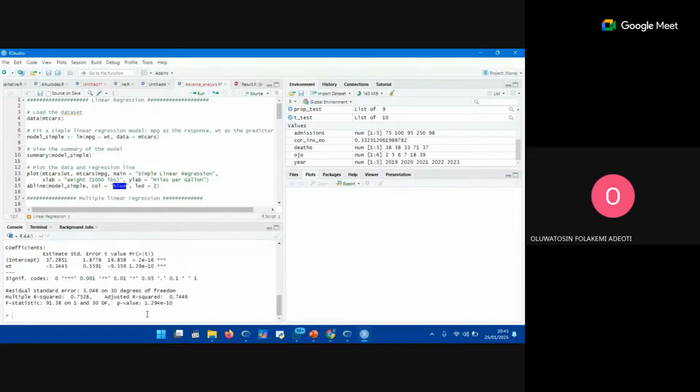Okay. Well done. You tried. Any other interpretation, sir? It means that the model is better, being that the adjusted R is lesser than the R square. Okay.